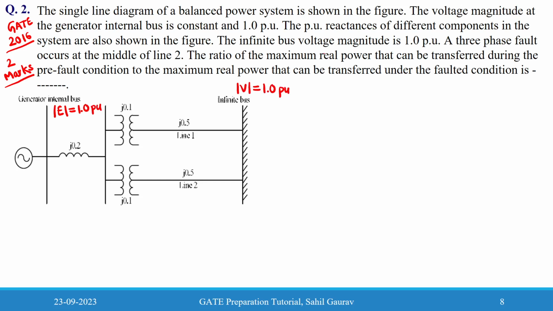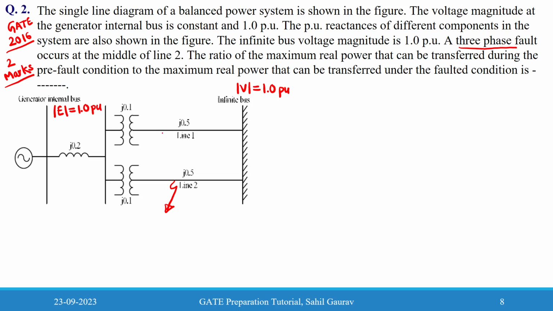A three-phase fault occurs at the middle of line 2. So here in the middle of line 2, a three-phase fault occurs, that is a symmetrical fault. The ratio of the maximum real power that can be transferred during the pre-fault condition to the maximum real power that can be transferred under the faulted condition is required.